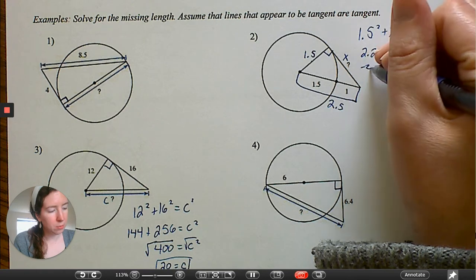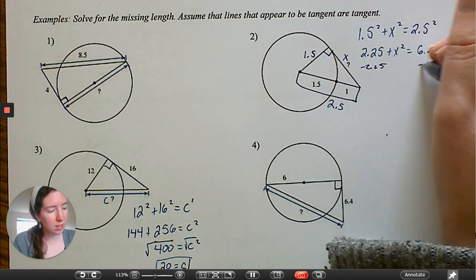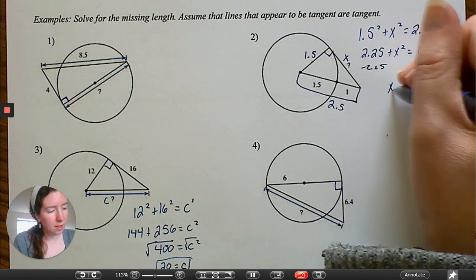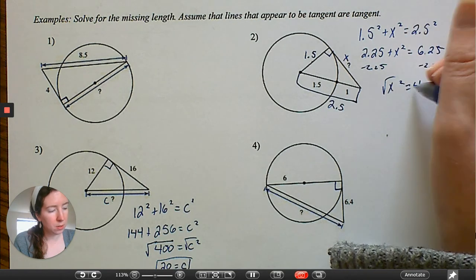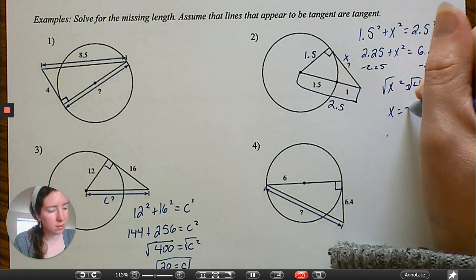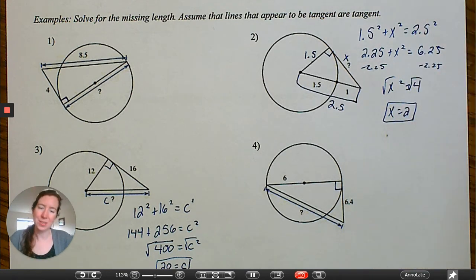So take away 2.25 from each side. x squared equals, was that 4? Square root, x equals 2. Nice. Press pause in this video and see if you can do 1 and 4.